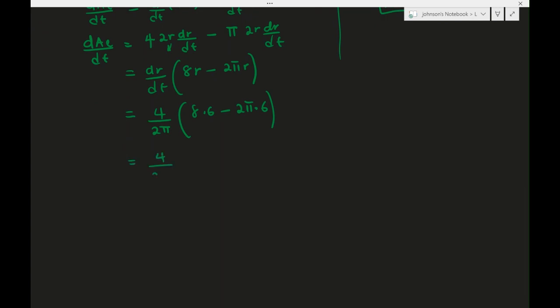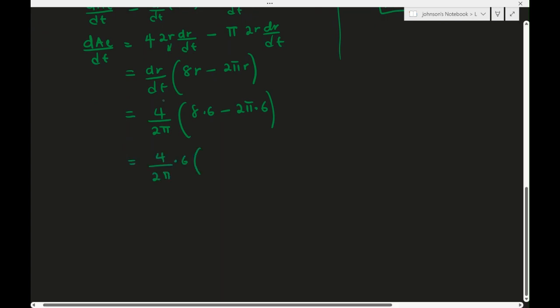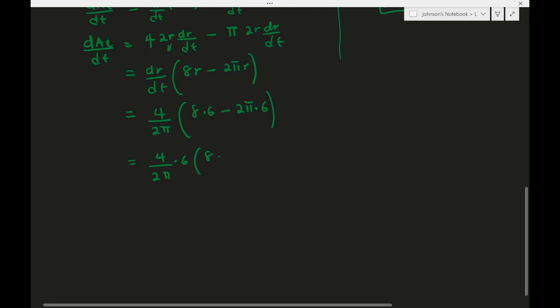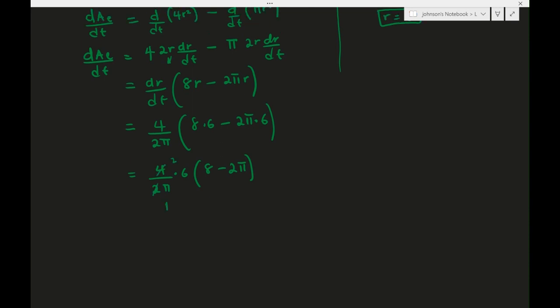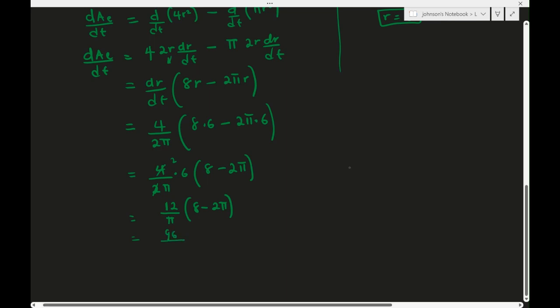And you can see 6 is common. You can even take 6 out, so that here you have times 6, and here you just have 8 minus 2 pi. So we'll have 12 over pi into 8 minus 2 pi. And I think 12 times 8 is 96, right?